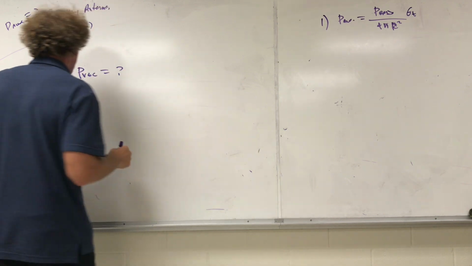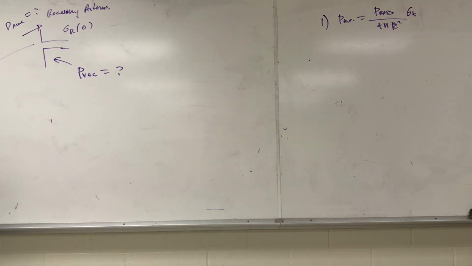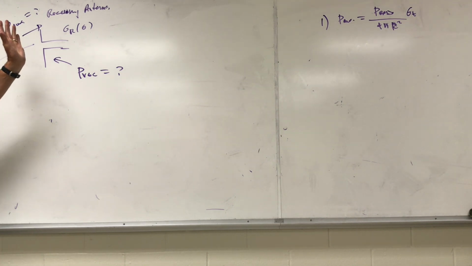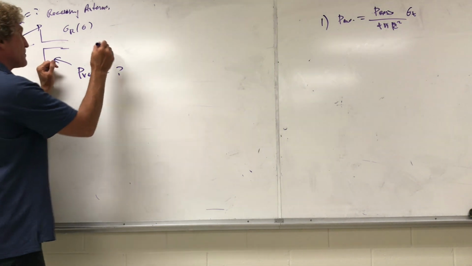Now what about this second antenna? Well, it's an interesting proof, and we're not going to have time to do it today. But this antenna has an electrical area. Put this down.